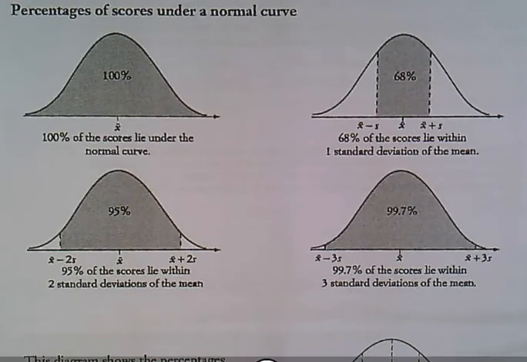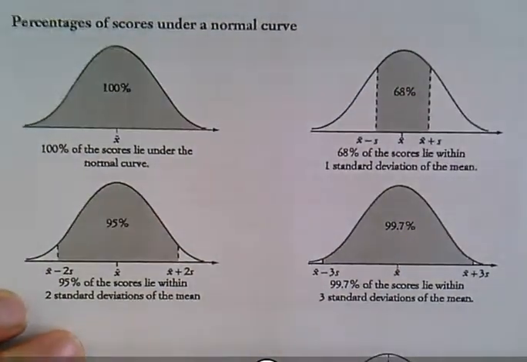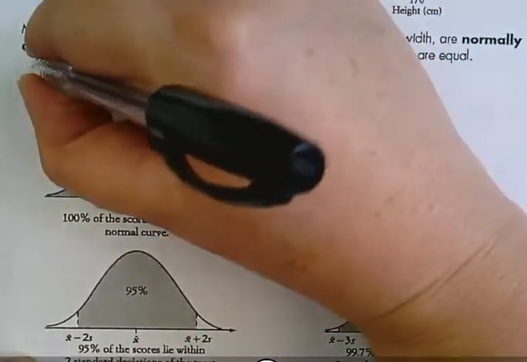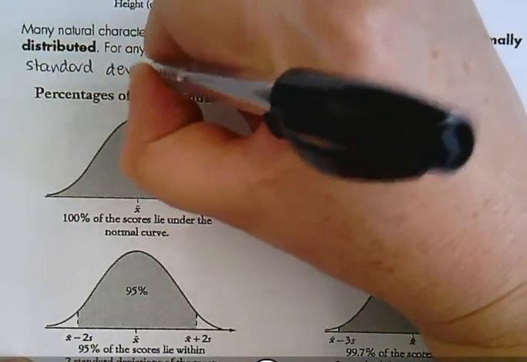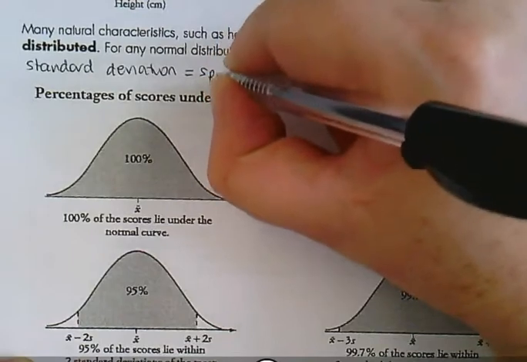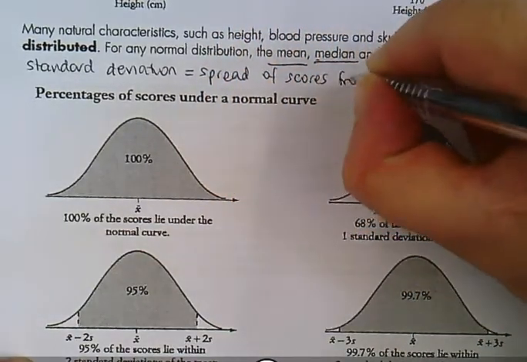Now, what is standard deviation? The standard deviation is the spread of scores from the mean. So let's just write that here: standard deviation is the spread of the scores from the mean.